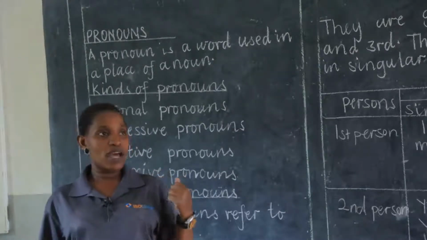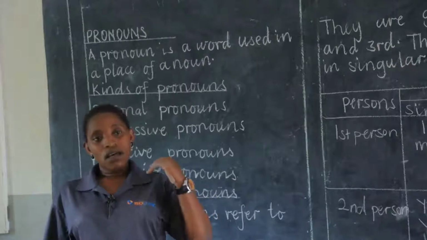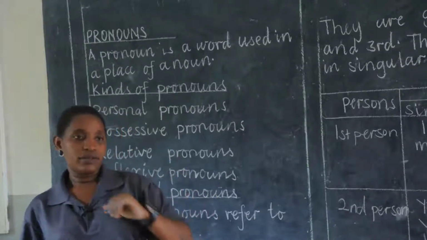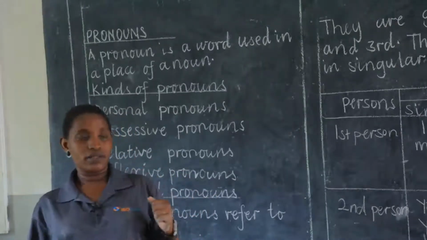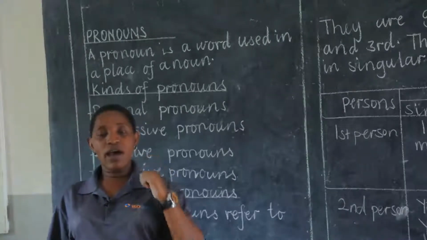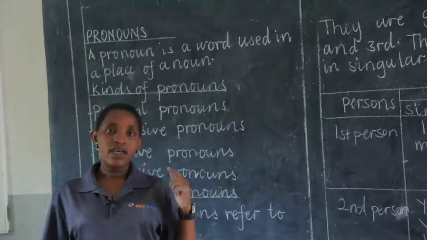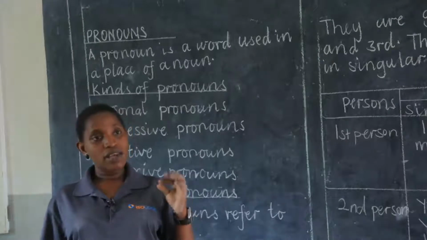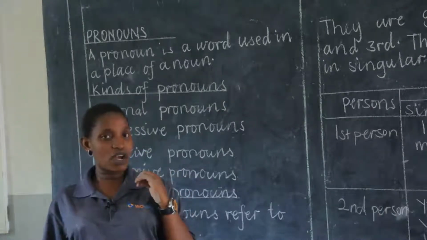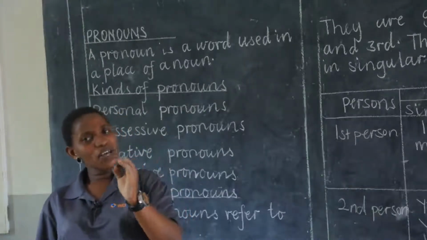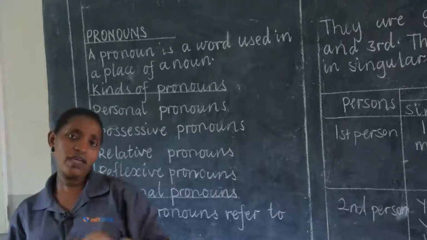For example, when I say, Peter is the boy. He ran with my pen. Now we want to use a relative pronoun. Shall I say, Peter is the boy who ran with my pen.